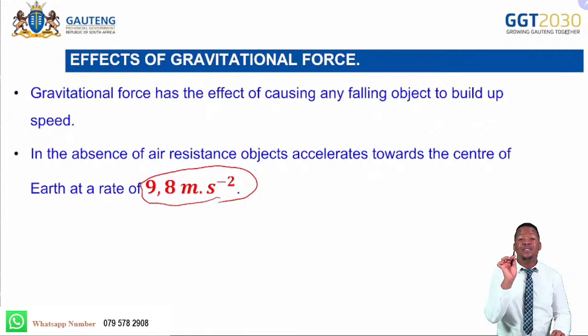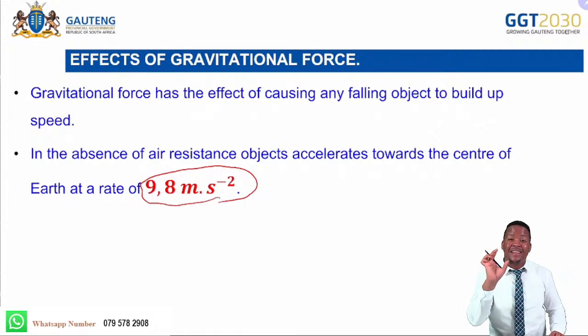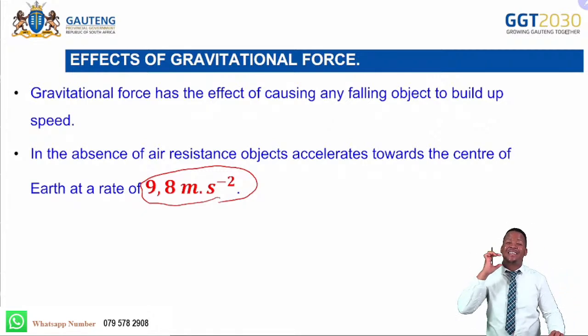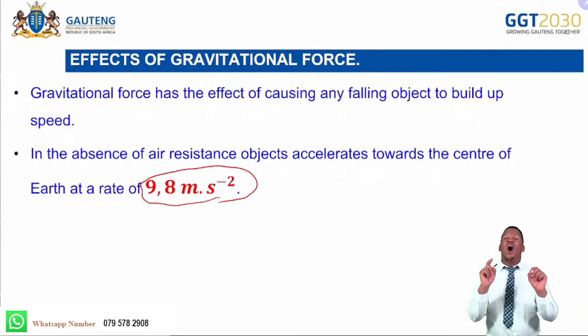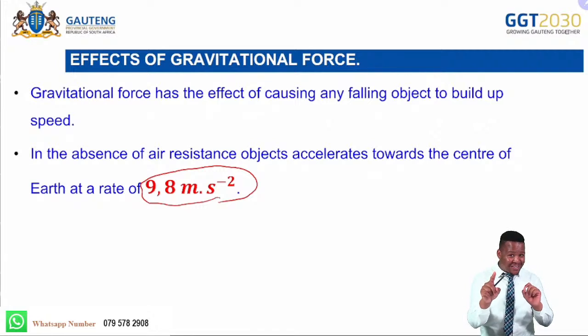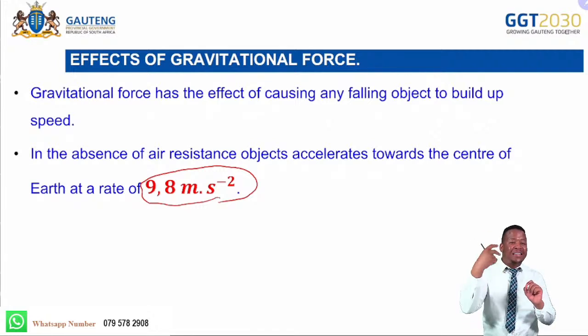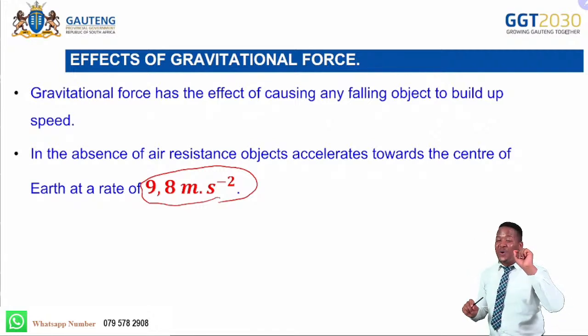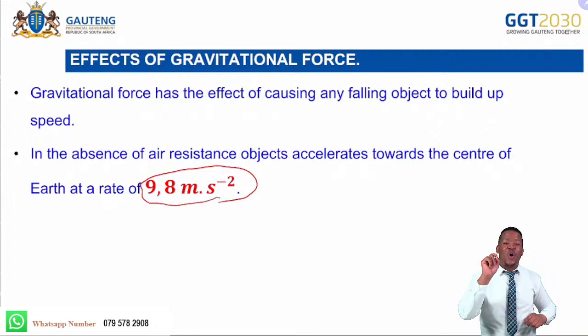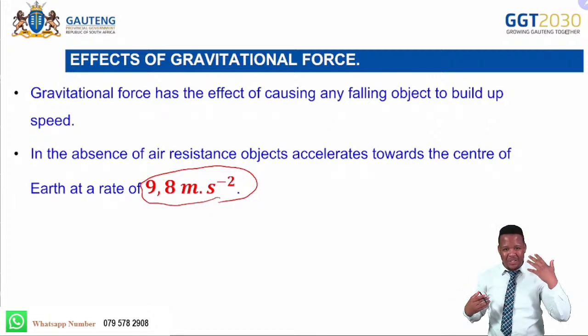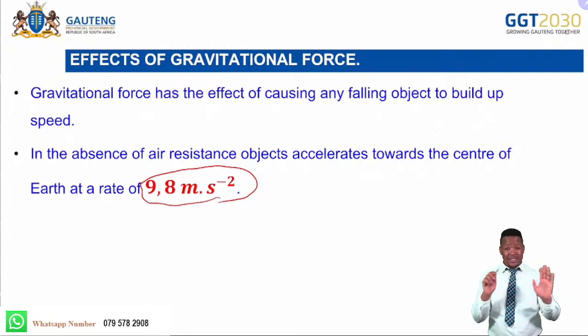This is the constant, right? Constant value of the gravitational acceleration on Earth. Please, on Earth, our constant gravitational acceleration is equivalent to 9.8 meters per second squared. All right, so that's a constant value.